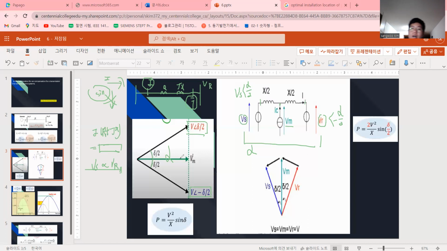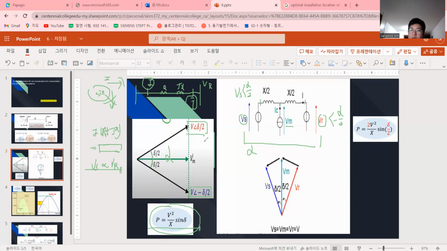So first of all, we put it here at the middle, right? As you know, we already tried to find the equation for P and Q. Now I will focus on P first.